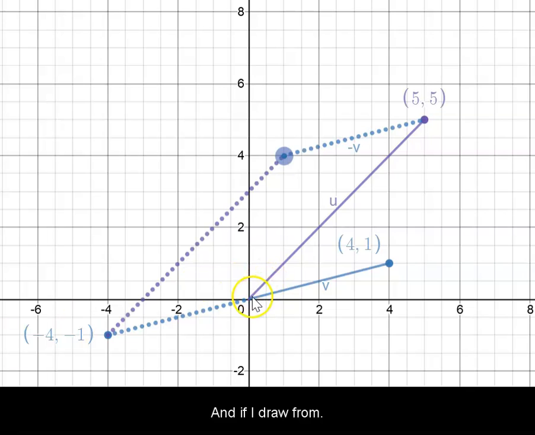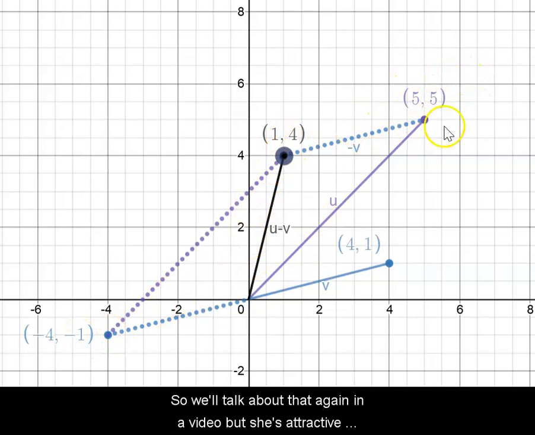And if I draw from where these 2 vectors meet, and I draw that diagonal, okay, then that is going to be my resultant, right? So that's my new vector. And notice that it's the sum, right? 5 minus 4 is 1, and 5 minus 1 is 4, right? So we'll talk about that again in the next video, but you subtract the components.